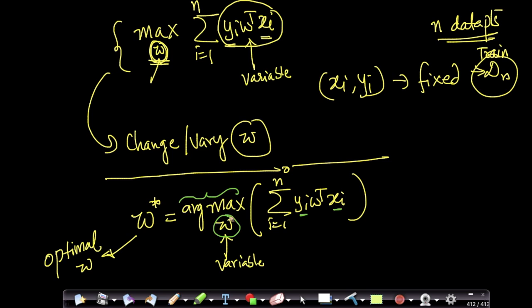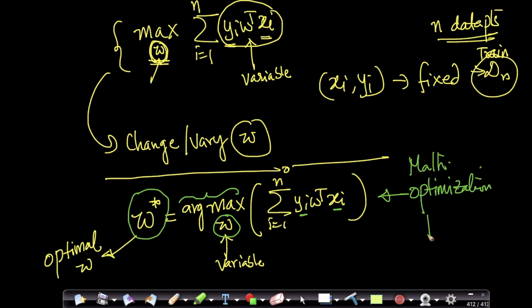Whichever w maximizes this sum, call that variable w star. So this is the mathematical optimization problem that we want to solve.